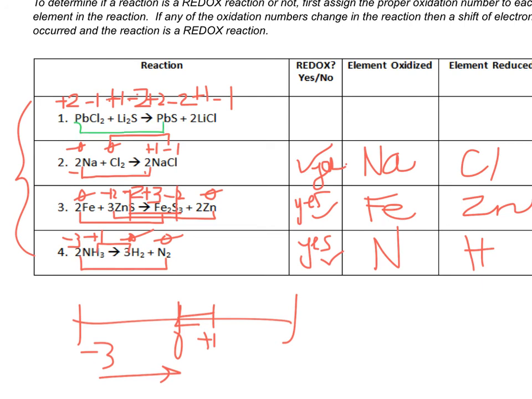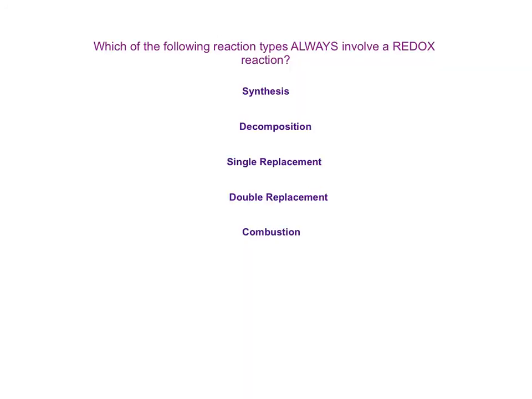Chlorine was -1, no change. Lithium was +1 on both sides, and sulfur was -2. So nothing was oxidized or reduced, so this is not a redox reaction. It is a double replacement, if you remember that from Unit 10, but we do not have oxidation or reduction happening.